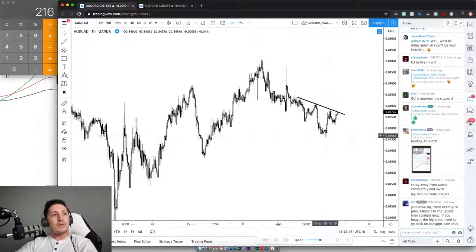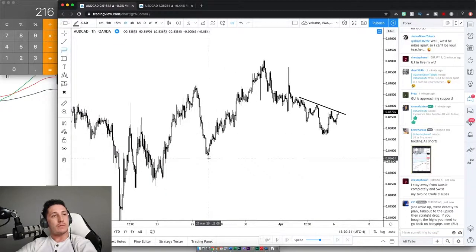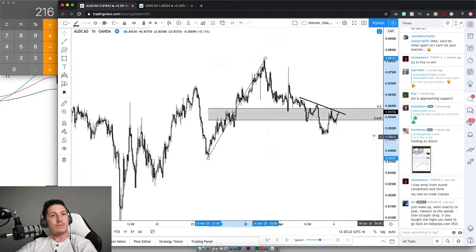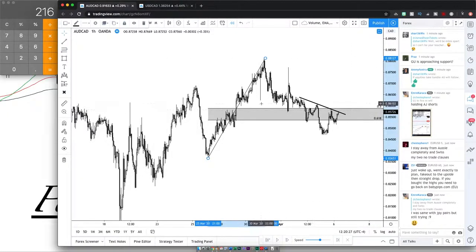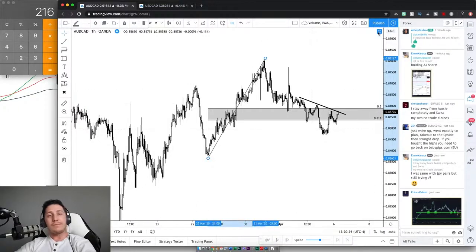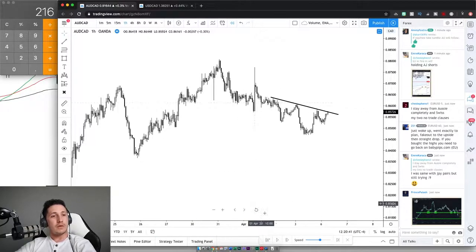But based on this, if we want to use other tools to confirm this, we're roughly in between the 618 and the 50% retrace in an uptrend. We do want to see this move higher. So we get a nice head and shoulders bottom here. So let's see how this plays out.